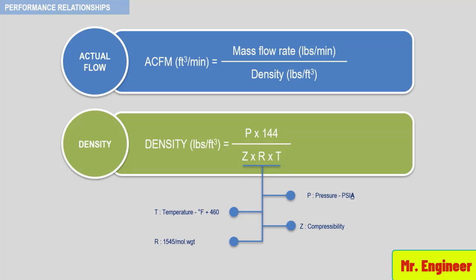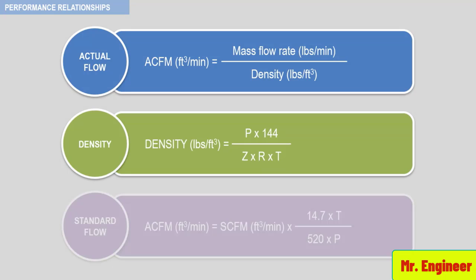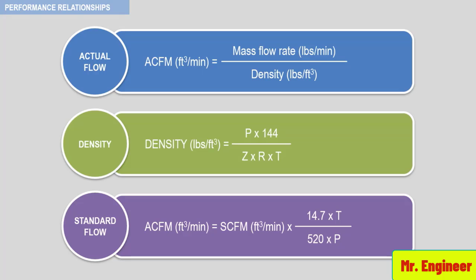The next useful relationship links the actual volume flow to the standard volume flow, as illustrated here. Recall that the standard volume flow is referenced to 60 degrees Fahrenheit and 14.7 psi. So here again, the temperature is in Fahrenheit plus 460, and the pressure is the absolute pressure expressed in psi.